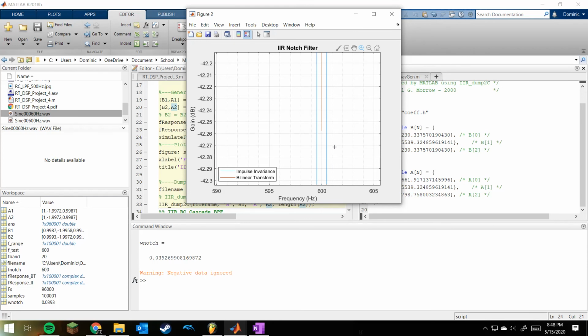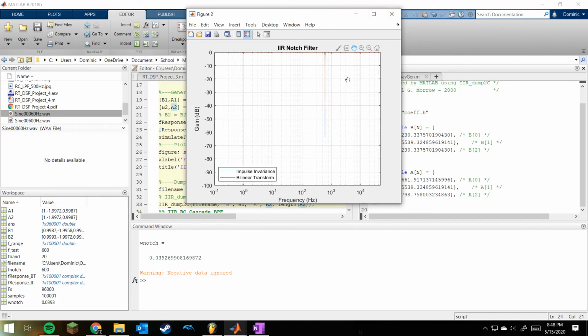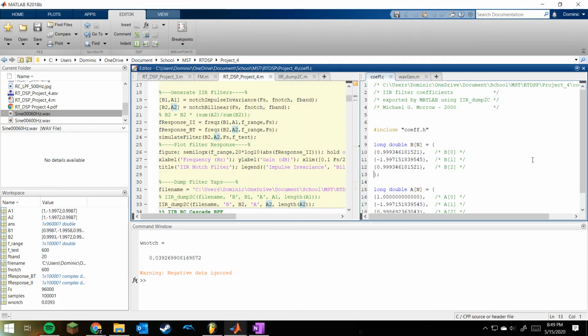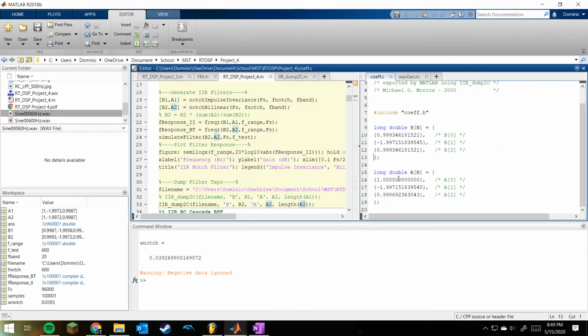Just barely, by less than like 1 hertz. So yeah, that's interesting. Okay, so you see now the coefficients look way better. This is at 1, and so if I go ahead and load that filter onto the DSP board, we should get a working filter. Hooray!